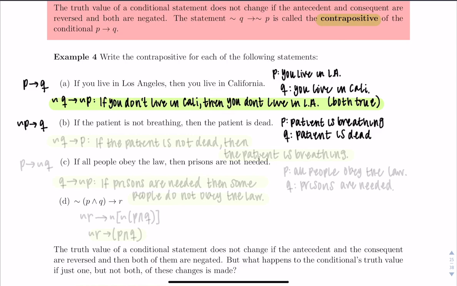So the Q would become first, and we put the squiggle in front of it. But we're going to have a double squiggle on the P, which just gives us the original P. So that is if the patient is not dead, or is alive, then the patient is breathing.